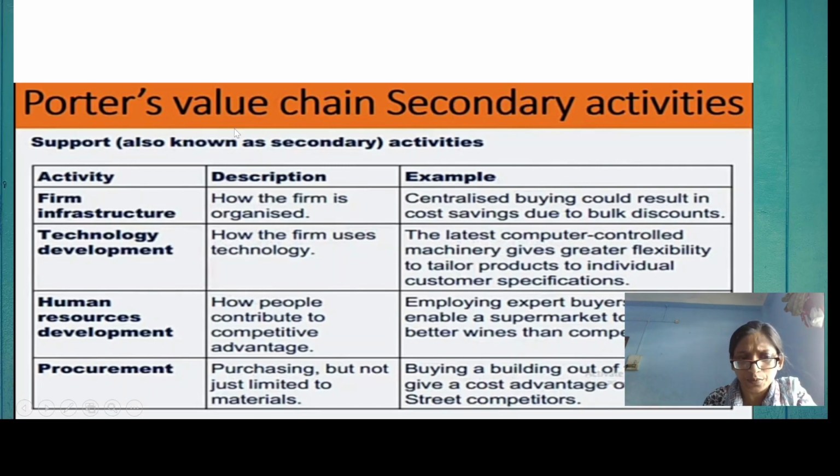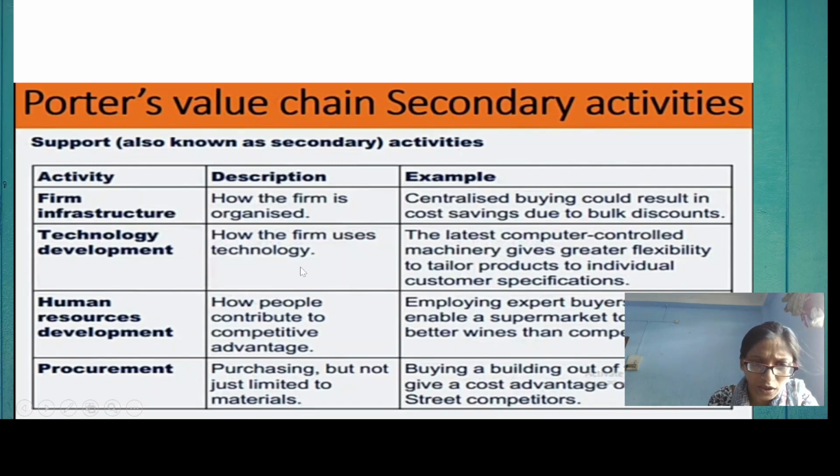In technology development, some automated machines can perform some activities very efficiently, without doing manual work, and machinery can give greater flexibility to tailor products to individual customer specifications.